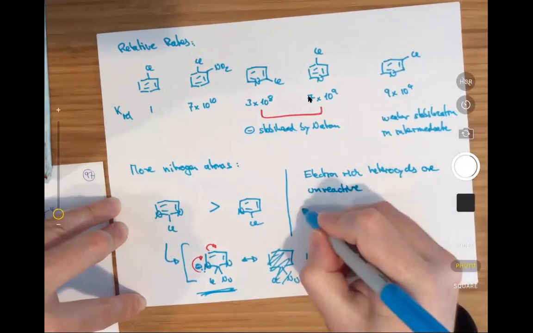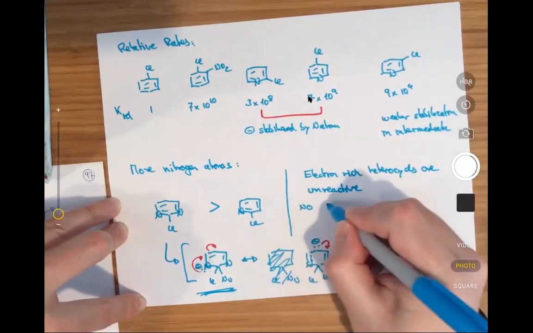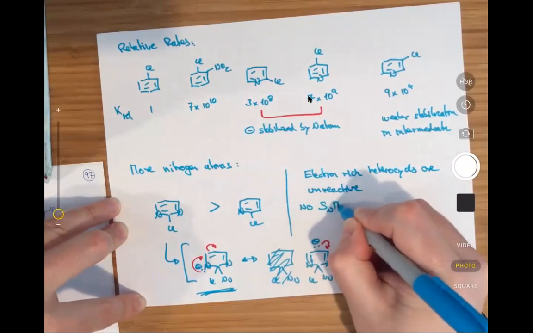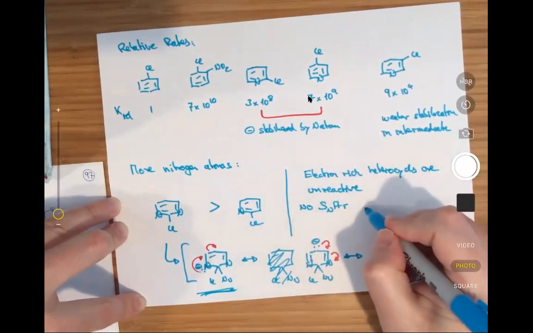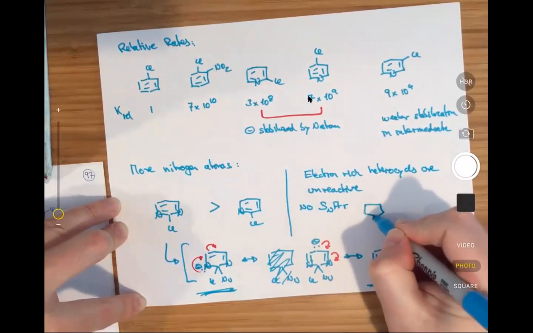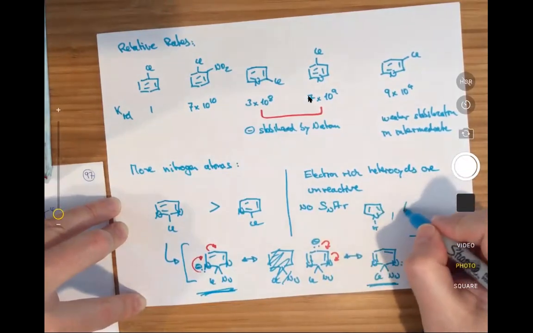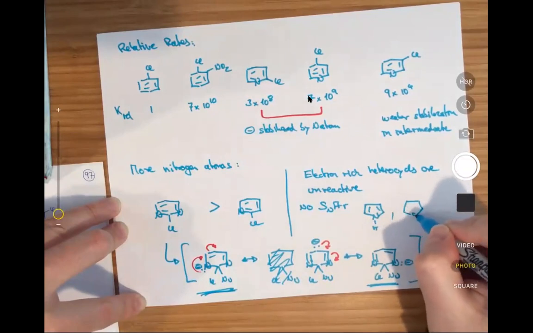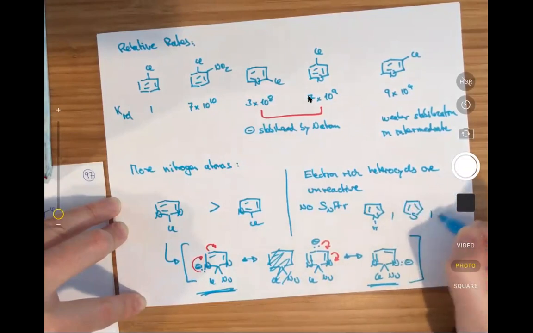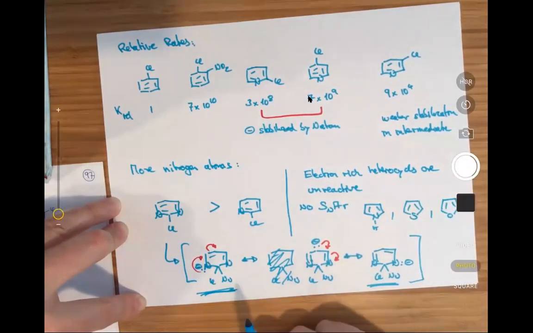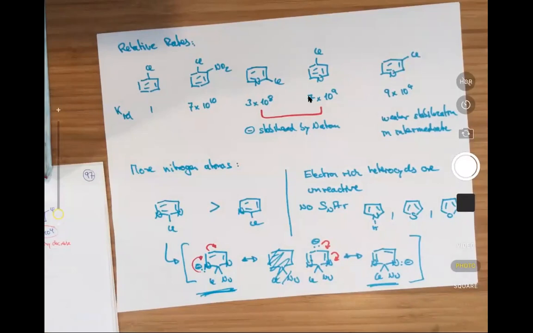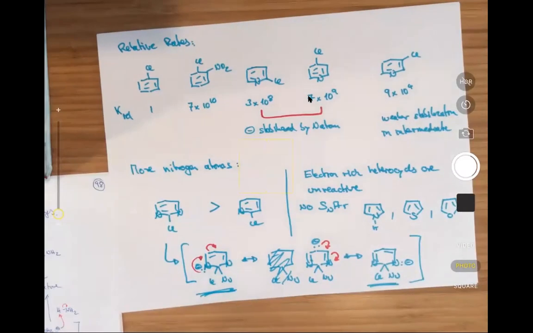So you get no SNAr with, for example, pyrroles, furans and thiophene. Right? So don't expect these to undergo the nucleophilic aromatic substitution. You really need the electron withdrawing character here.